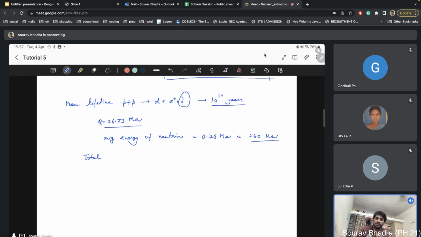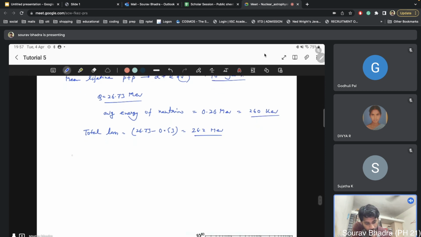It has been repeated several times in the class. So, total energy released is 26.73 minus 0.53, because 2 neutrinos will go away, that is why 26.2 MeV. This is just some approximate calculation to give you the idea of 10%. Why do we consider 10%? It is a consideration.